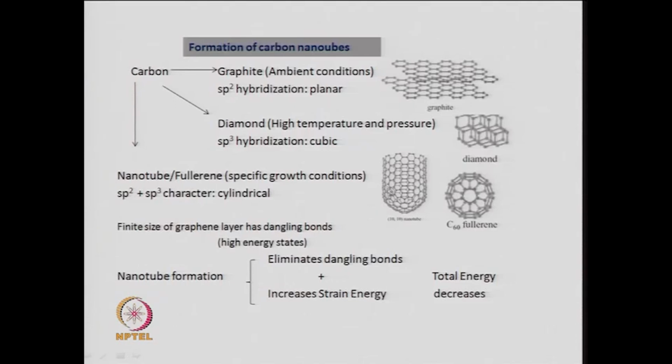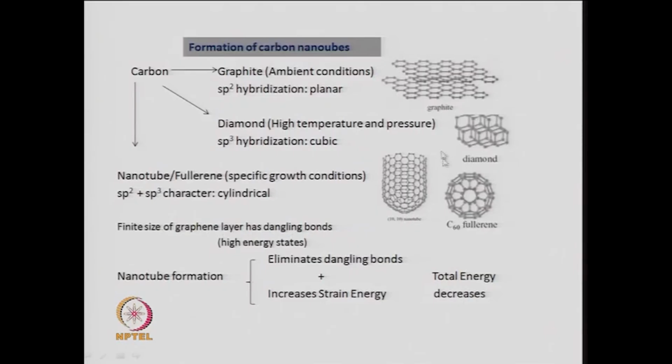So, this is a cylindrical nanotube, and this is an armchair nanotube, because you see n and m are both 10, and when n and m are the same, the chiral vector is such that rolling along that vector you end up with a nanotube called the armchair nanotube. And C60, of course, is a cluster in the shape of a football, and these require specific growth conditions.